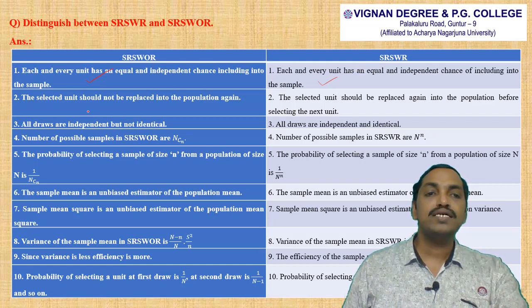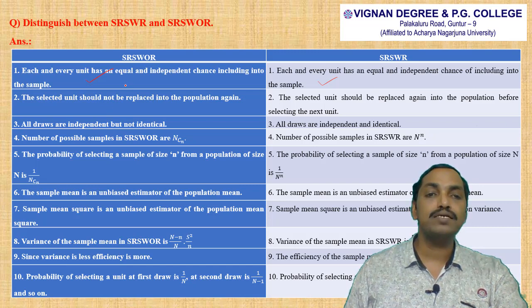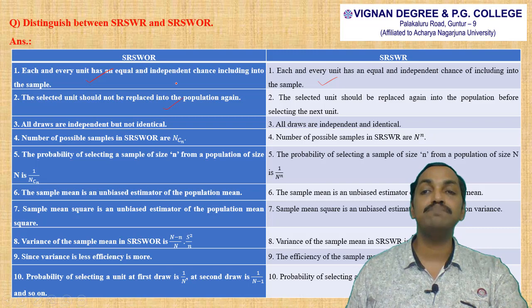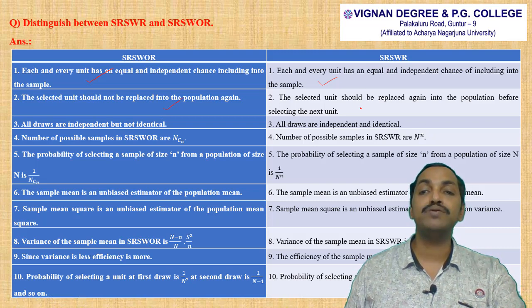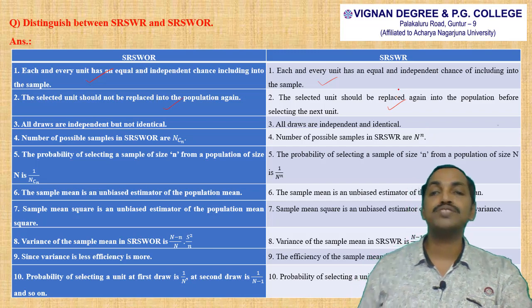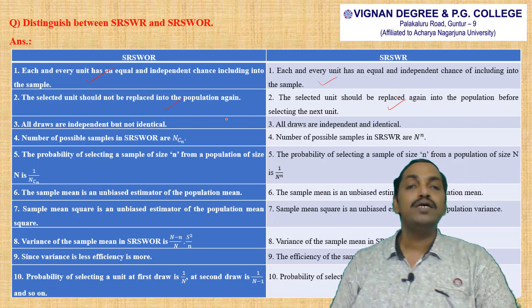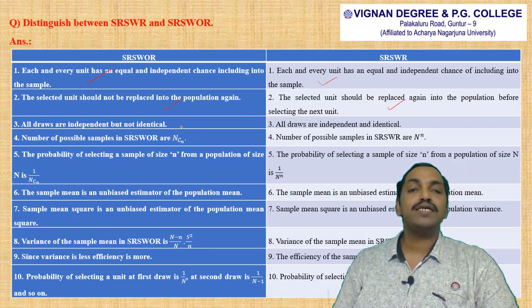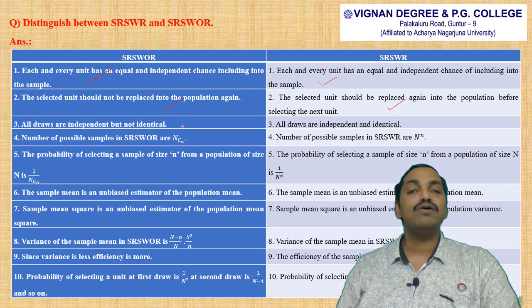The second one is, in simple random sampling without replacement, the selected unit should not be replaced into the population again. Whereas in simple random sampling with replacement, the selected unit should be replaced again into the population before going to select the next unit. The third one is, in simple random sampling without replacement, all draws are independent but not identical.